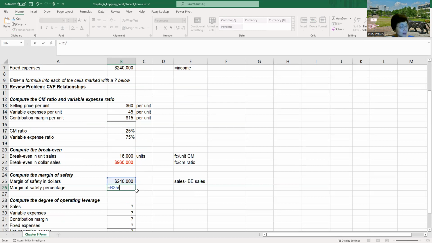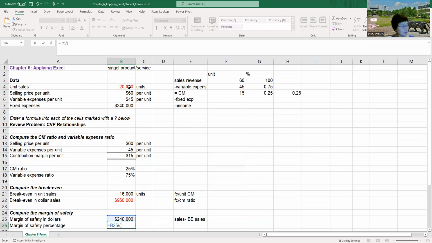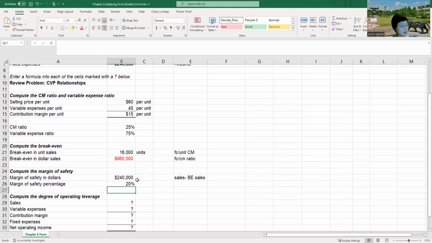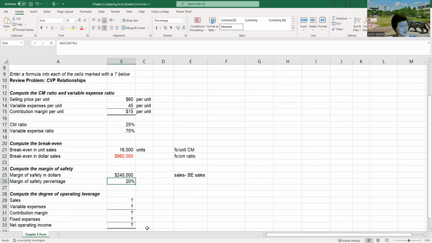Okay, I probably need to calculate here again. Let me put a parenthesis. 20 times. I should probably have a row for, again, seeing the formula. Okay, so this is a percentage.